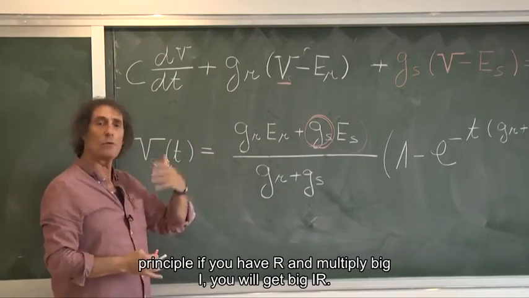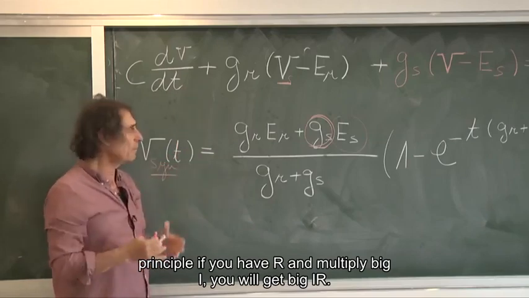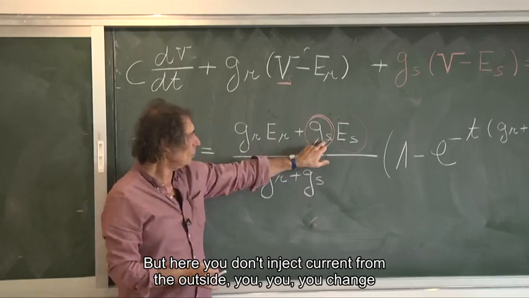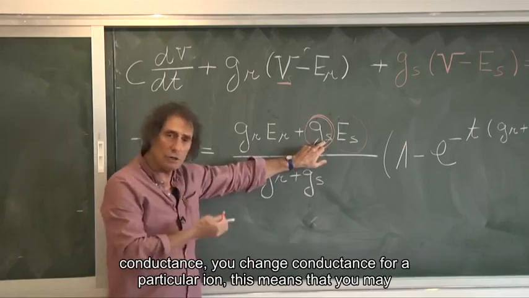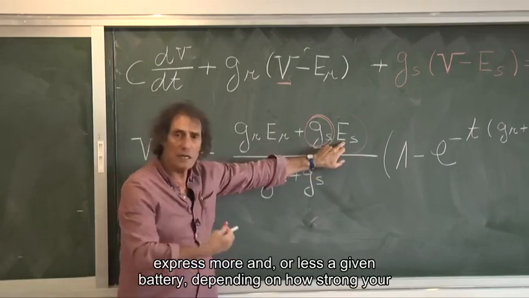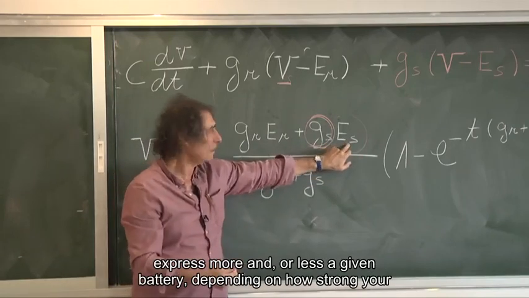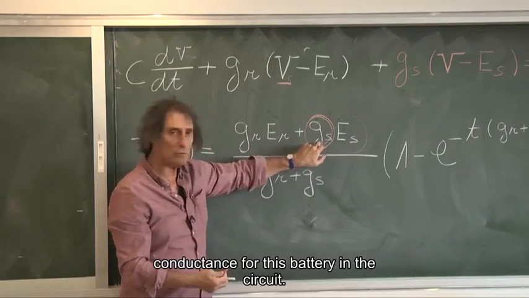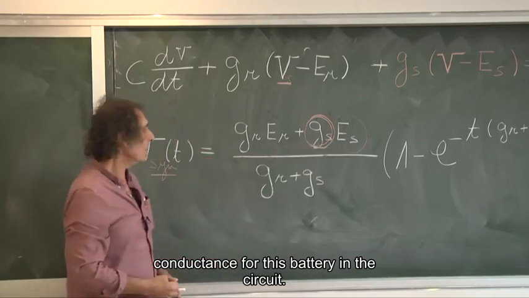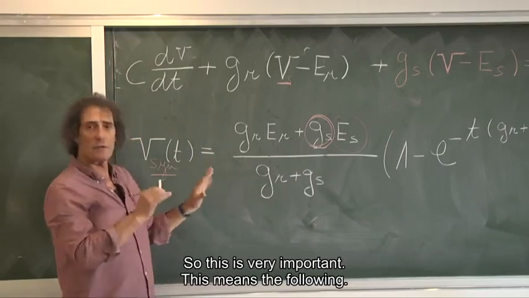If you have R and multiply a big I, you will get a big IR. But here you don't inject current from the outside. You change conductance for a particular ion. This means that you may express more or less of a given battery, depending on how strong your conductance for this battery is in the circuit. So this is very important.